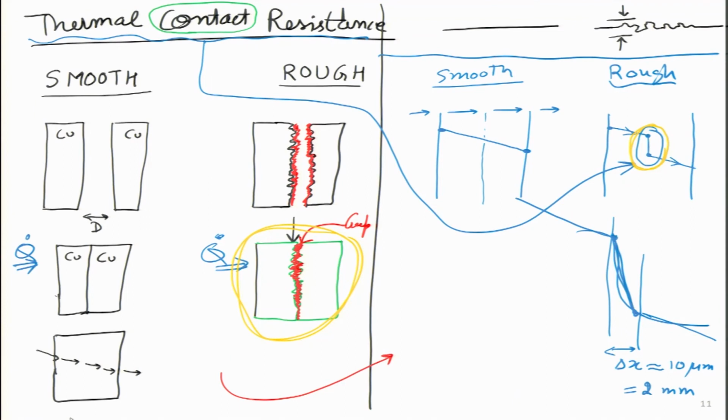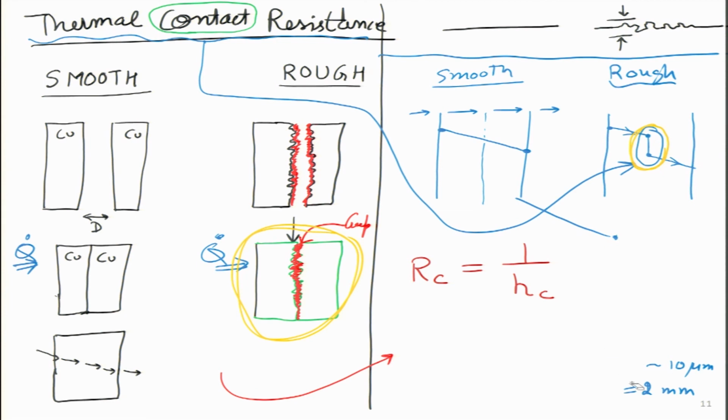Mathematically, let us also define this particular thing. So, I will write the equation for that. Thermal contact resistance is denoted by the symbol Rc, and it is the reciprocal of Hc. I will erase this particular part over here.